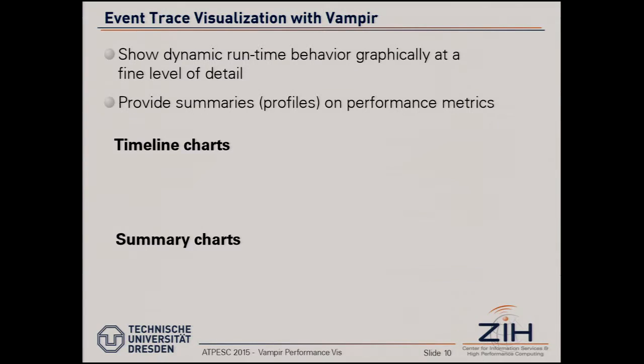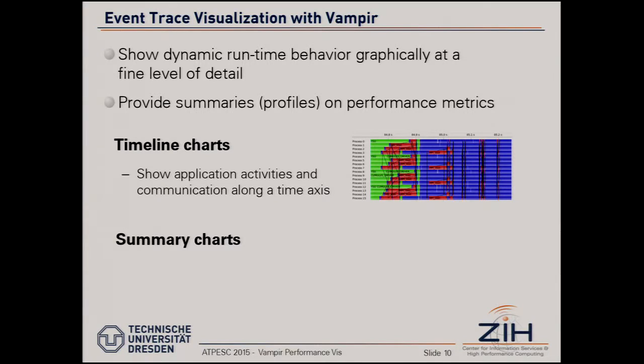So with Vampir, you have two methods of visualization. You have timeline charts that basically look like this. This is kind of what you've seen with Tau before, and thanks again for all the nice words about Vampir. In the X direction you have time, and in the Y direction you have your processing streams, let's call it.